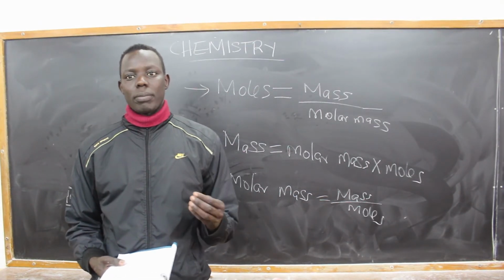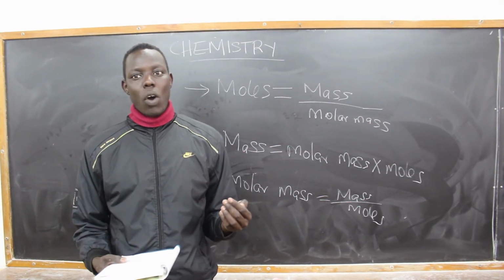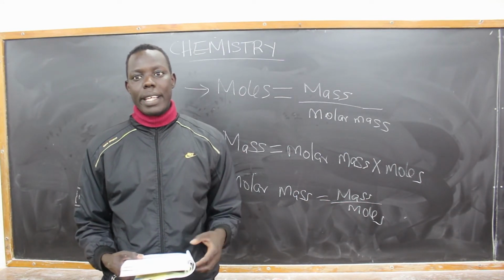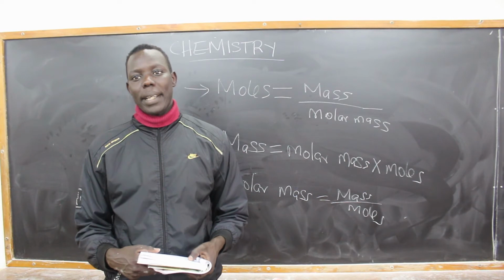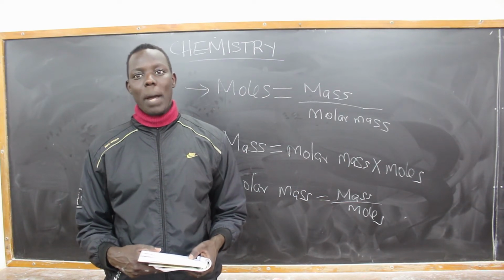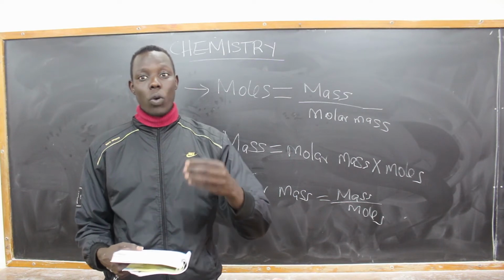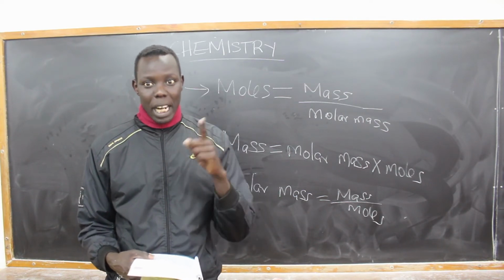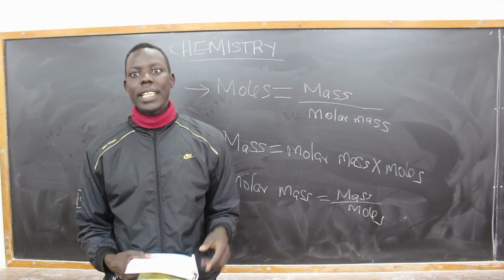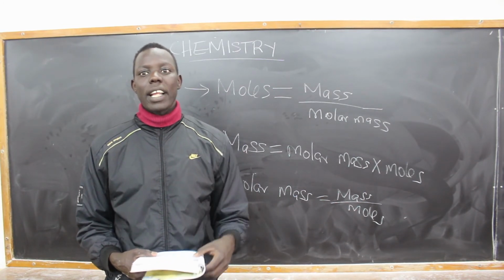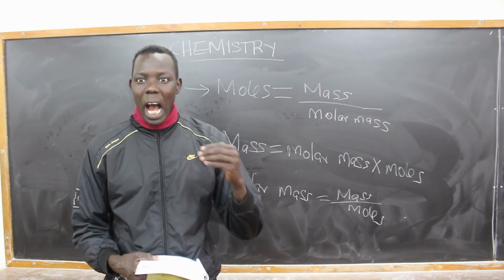Now, carbon as one of the atoms has atomic number 6, meaning the molar mass is 12. But now, because they're asking, it only exists as an atom. So 6 grams of carbon contains 6.023 times 10 power 23 atoms.